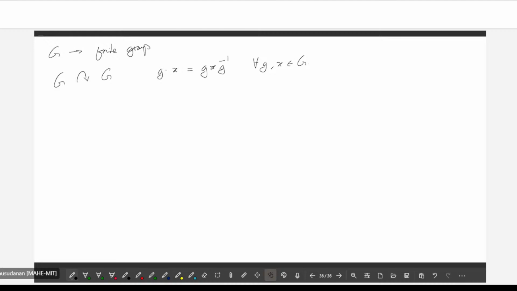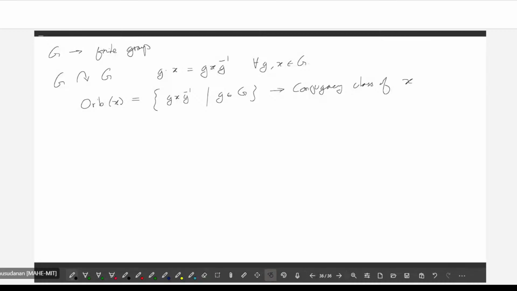Then what is the orbit of an element under this action? G·x means gxg^-1. So this is the conjugacy class of the element x. That is, any element of the form gxg^-1 is called a conjugate of x by g.